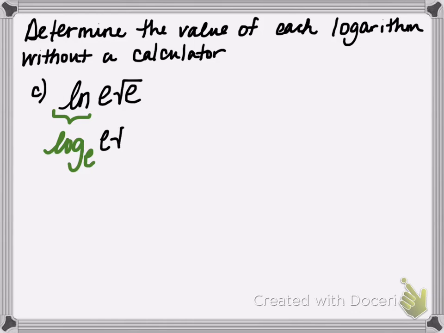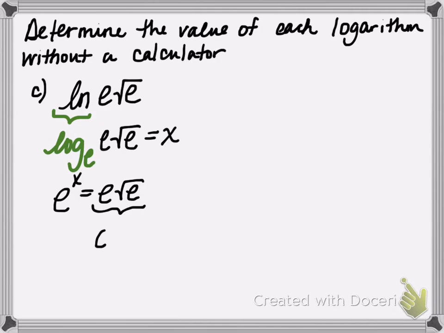So my argument now is e times the square root of e. So again, if we don't know what this equals, we'll just say it equals x, and you can rewrite this in exponential form. That'll give us base e raised to the x power is equal to e times the square root of e.